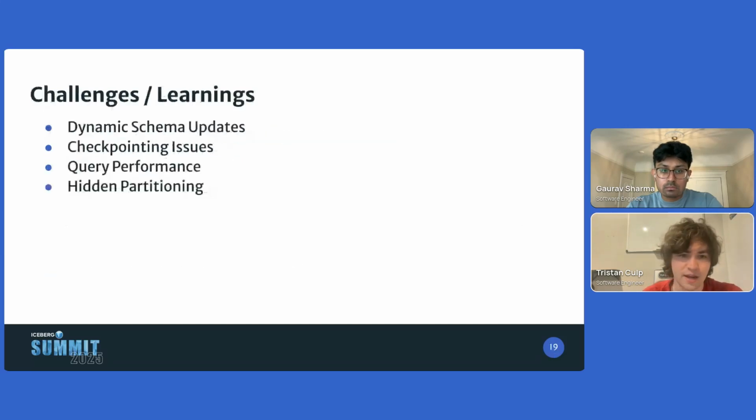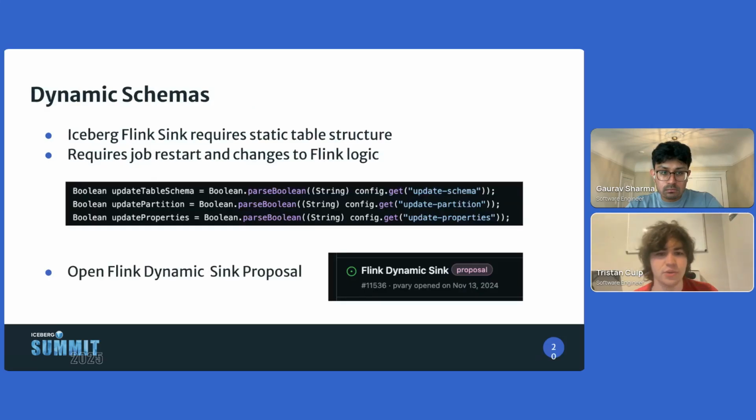Then some problems we had with checkpointing. Downstream, we'll look at some of the query performance issues that we're seeing. And finally, some learnings about how we didn't use hidden partitioning like we expected to. So we can move on to talk about the dynamic schema.